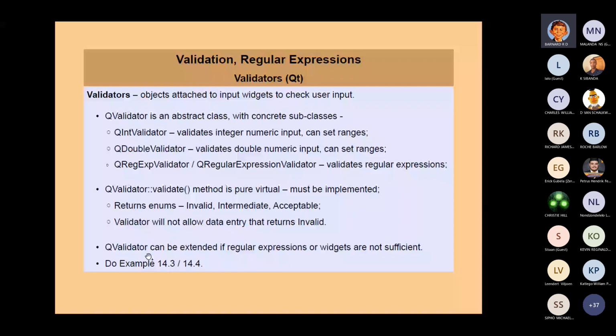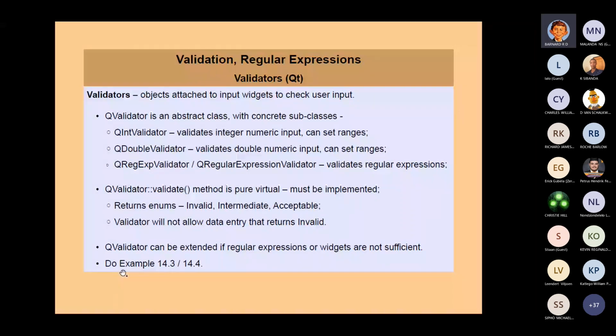But as I say, in most cases you'll just be able to use regular expressions for validation or the preset Qt classes. So it would be fairly unusual cases where you need to go as far as subclassing QValidator, but you do need to know about it and have some insight into how it works and how it returns these enums of invalid, intermediate, and acceptable.